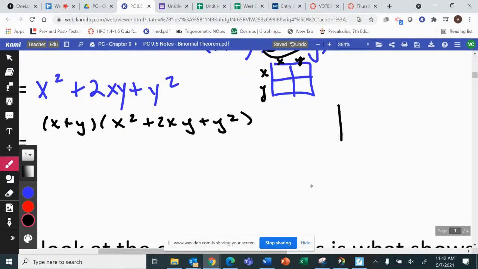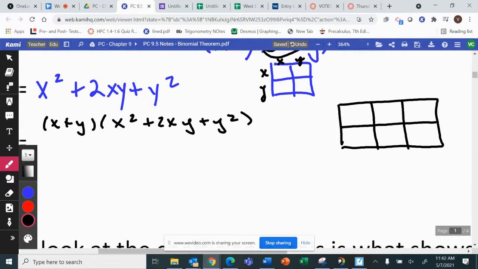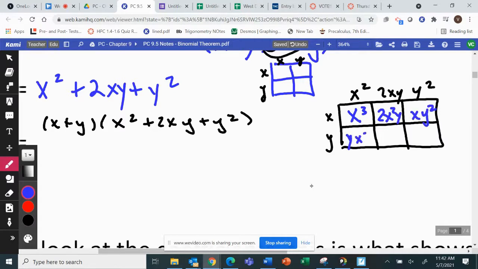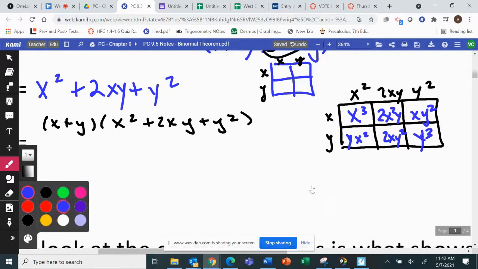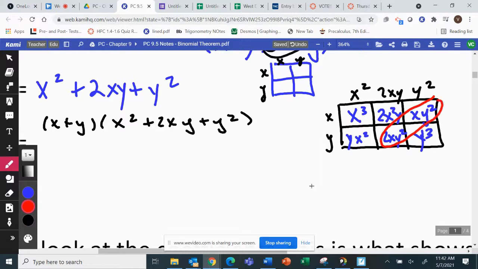I could do a grid. You don't have to use a grid. You can use just the distributive property. Okay, when I do this, and if you do the distributive property instead, you will have some like terms.